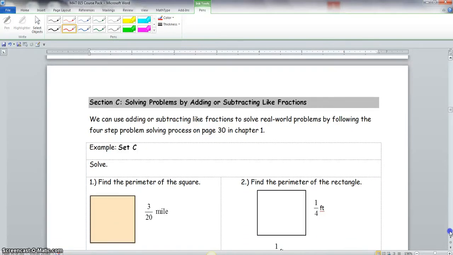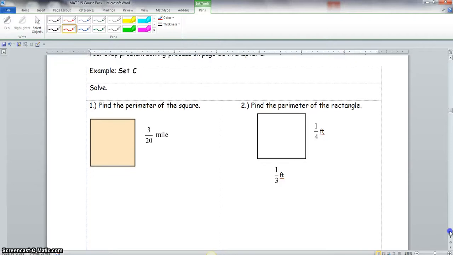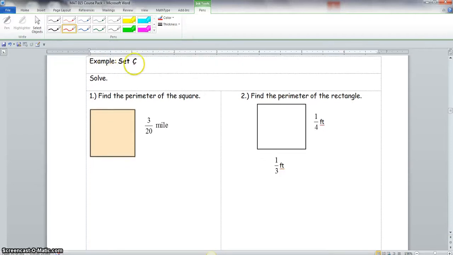So now we scroll down here to section C. It says solve problems by adding or subtracting fractions. Now it says here, examples set C, solve, find the perimeter of the square. Now we know a square means that all 4 sides are equal. So all 4 of these sides are 3 over 20. So the perimeter of a square is 4 times whatever the side is.